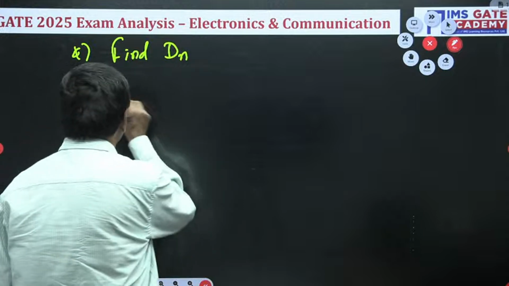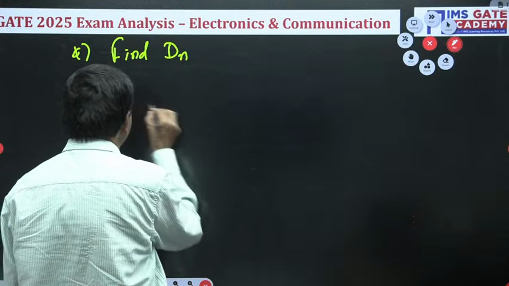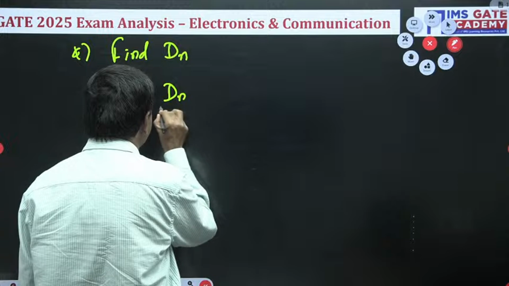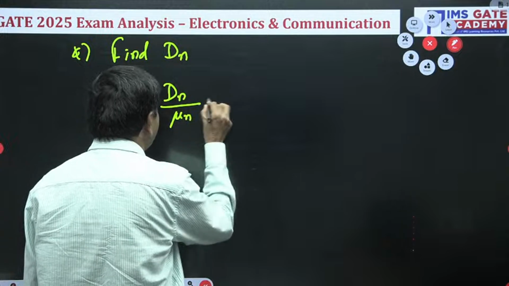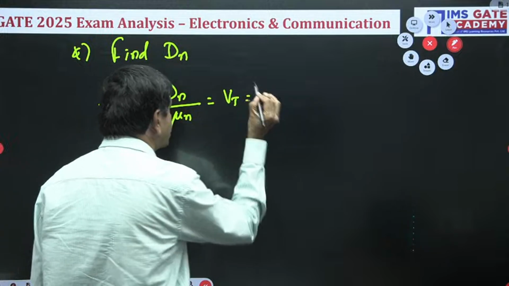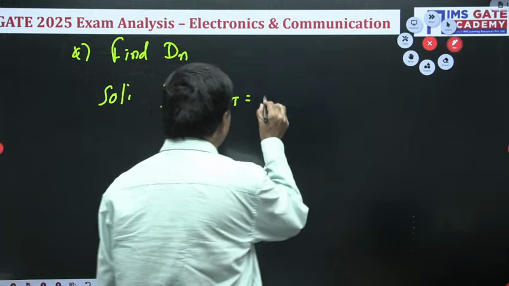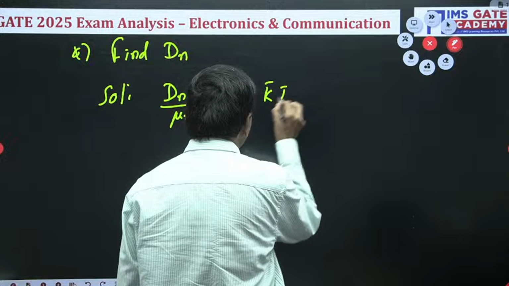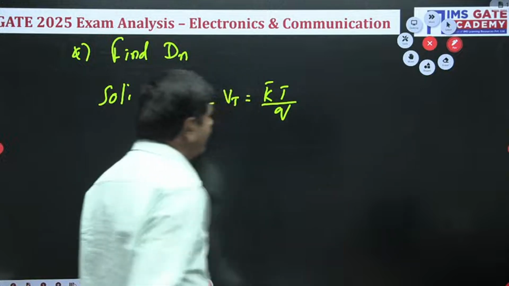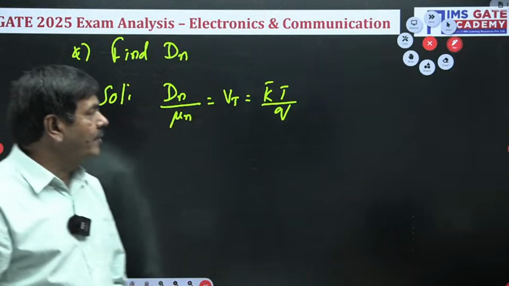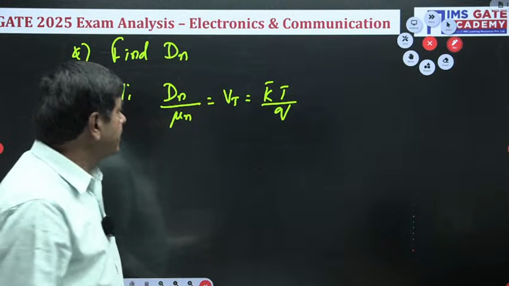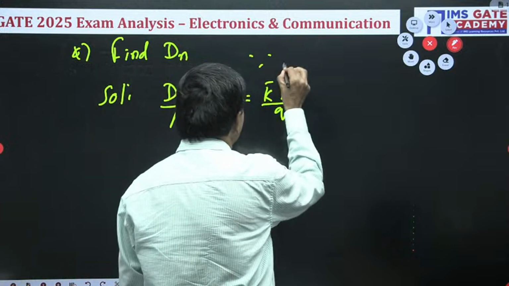So we know the Einstein relation: Dn by mu n equals the thermal equivalent of voltage. The thermal equivalent of voltage can also be taken as KT by Q. You know the K and Q values. Mostly the temperature given is 300 Kelvin only.